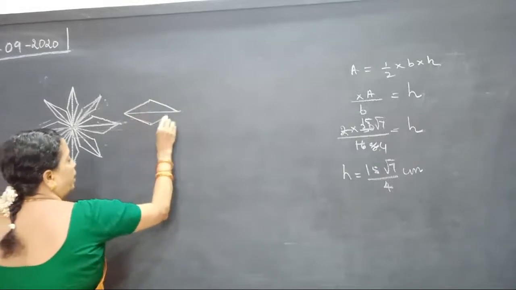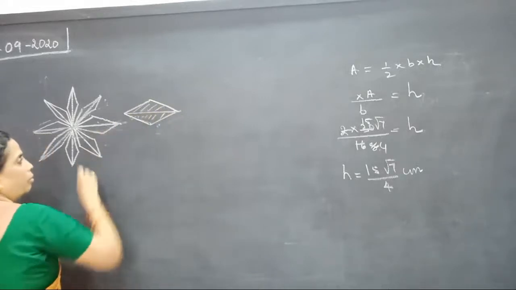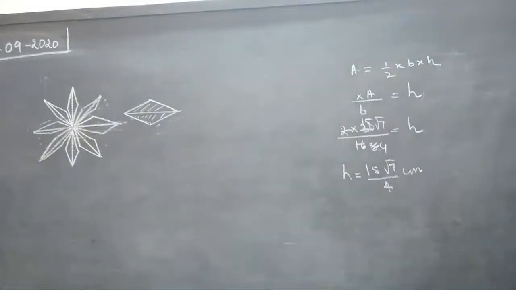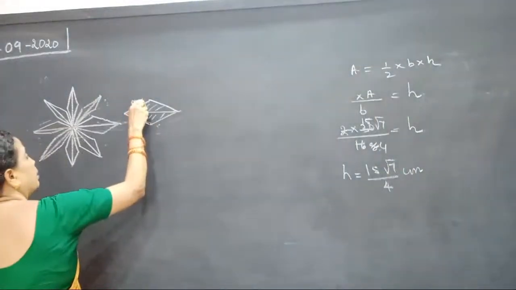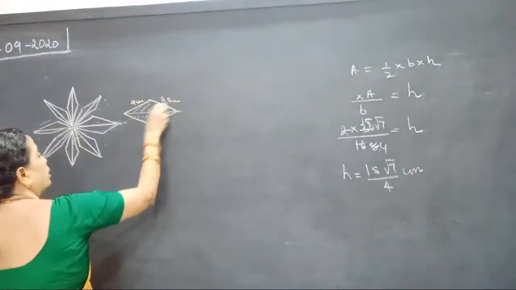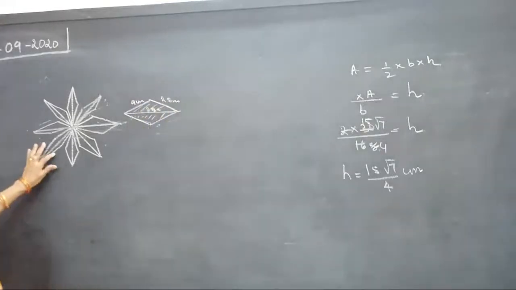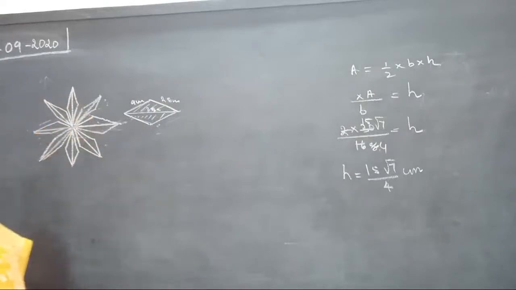And the measure of that piece is 9, 28 and 35. 9 centimeter, 28 centimeter, 35 centimeter. Total 2, 4, 6, 8, 10, 12, 14, 16 tiles.